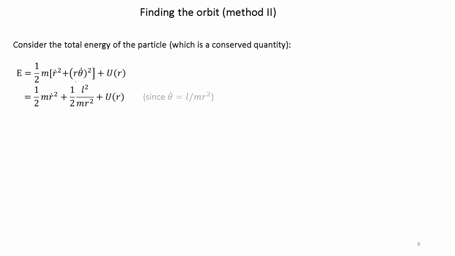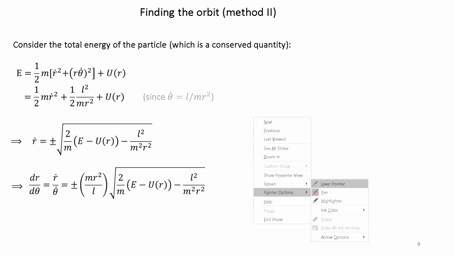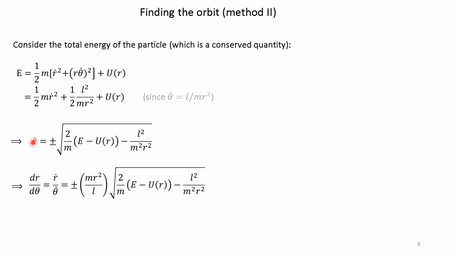And again, we use a strategy that whenever I see the theta dot, I just replace it by L divided by m r squared. So then the total energy just depends on r and r dot. What I do next is make r dot the subject, put everything else on the right hand side, and then take the square root.